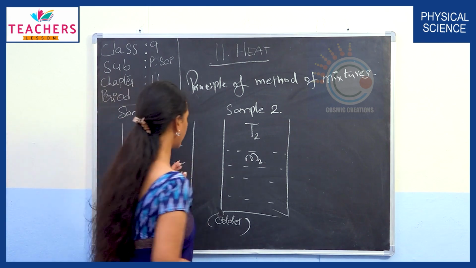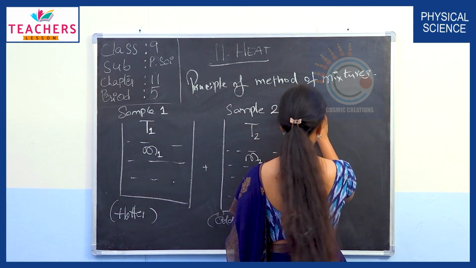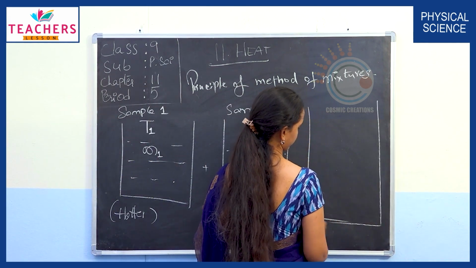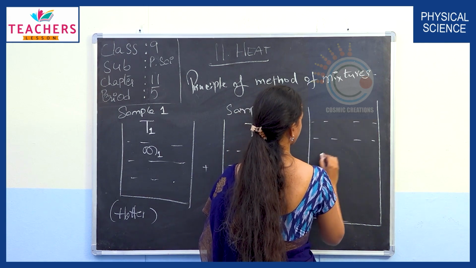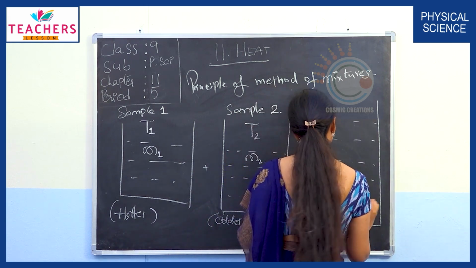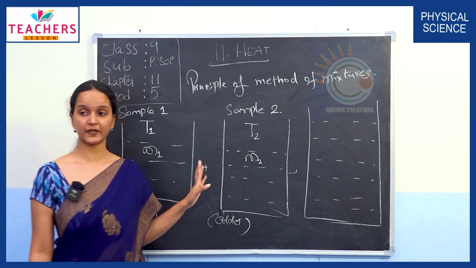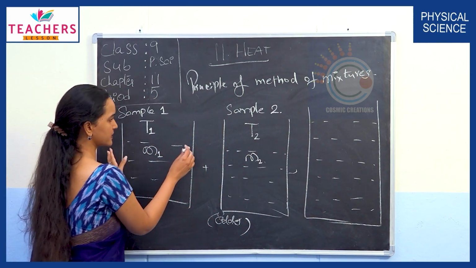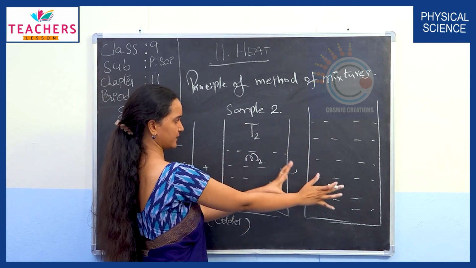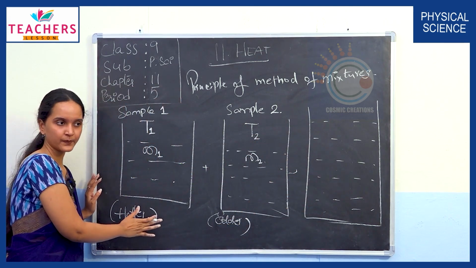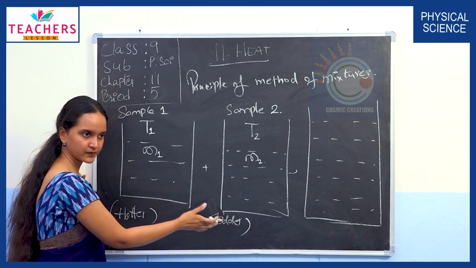I mix these both in a bigger beaker. Now, what happens once I pour this liquid and also this one here? This is the hotter sample and this is the colder sample.